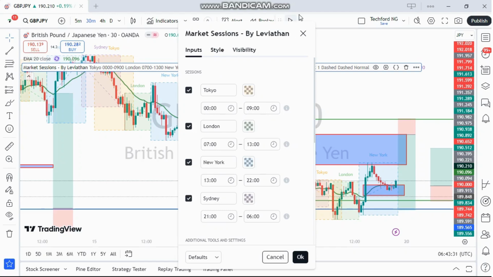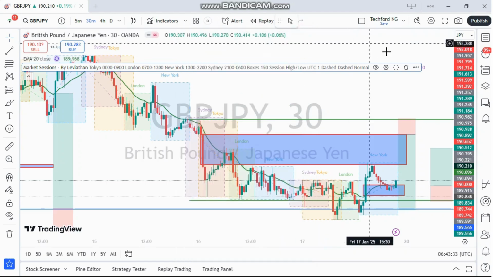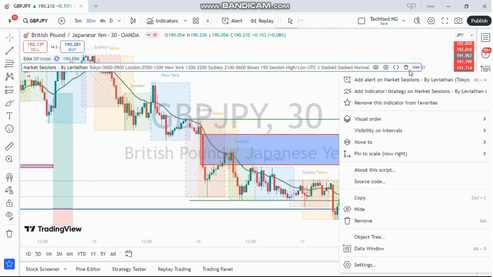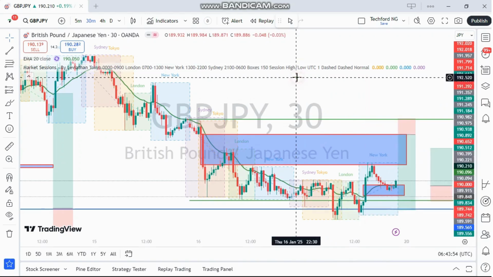This is my timing. You can set it, you can delete it, you can get the source code, you can do more of this here. You can remove from here, get the settings, move it, visual order, get an alert. You can add an alert here, right?